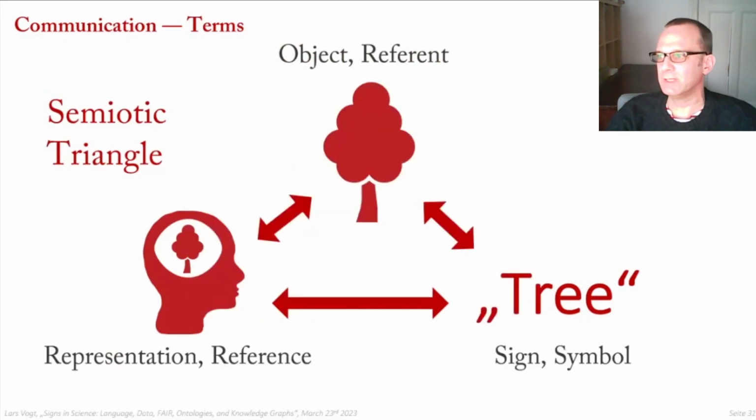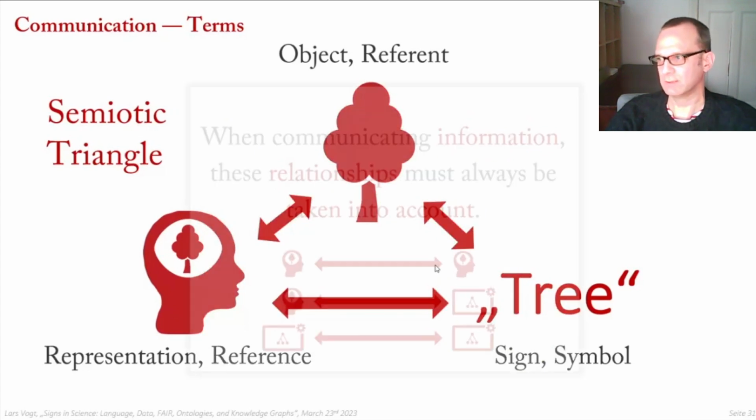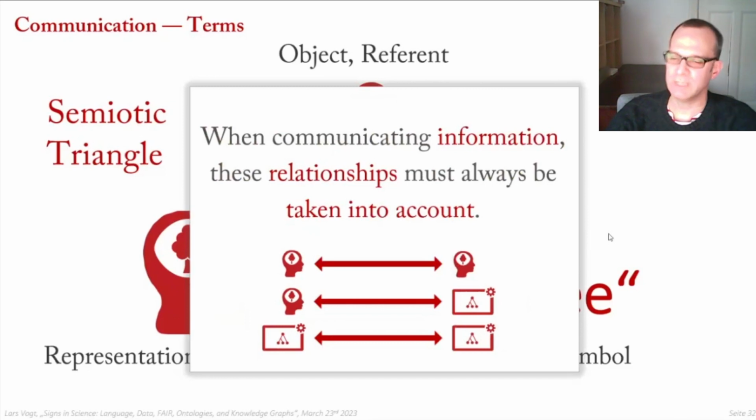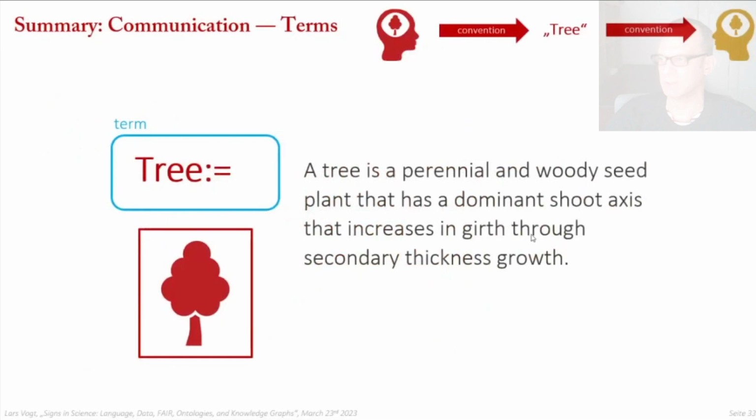And you see here the relations go in both directions, and that's basically what we also need and have to think about whenever we want to communicate information, as these relationships must be taken into account, independent of whether a human wants to communicate with a human or with a machine or machines with machines. We have to take care of exactly these relationships.